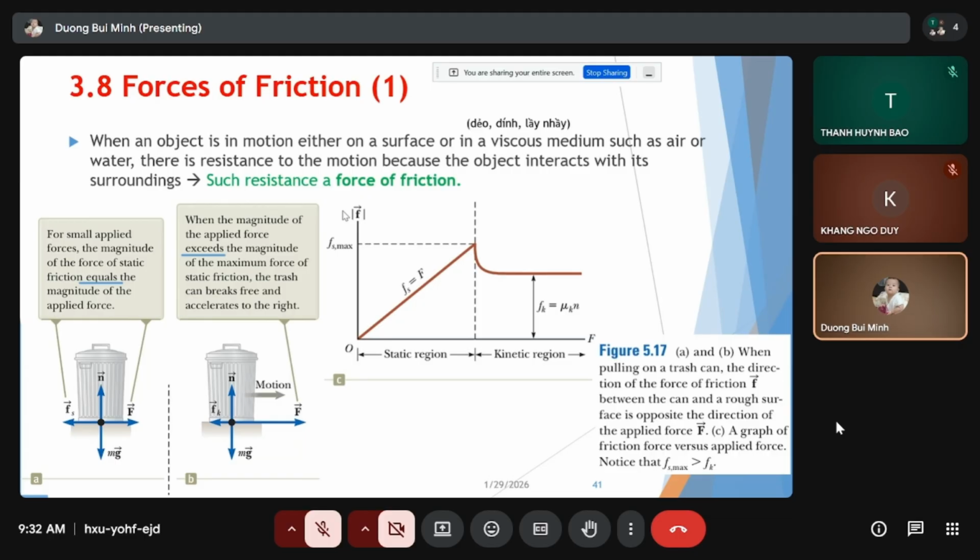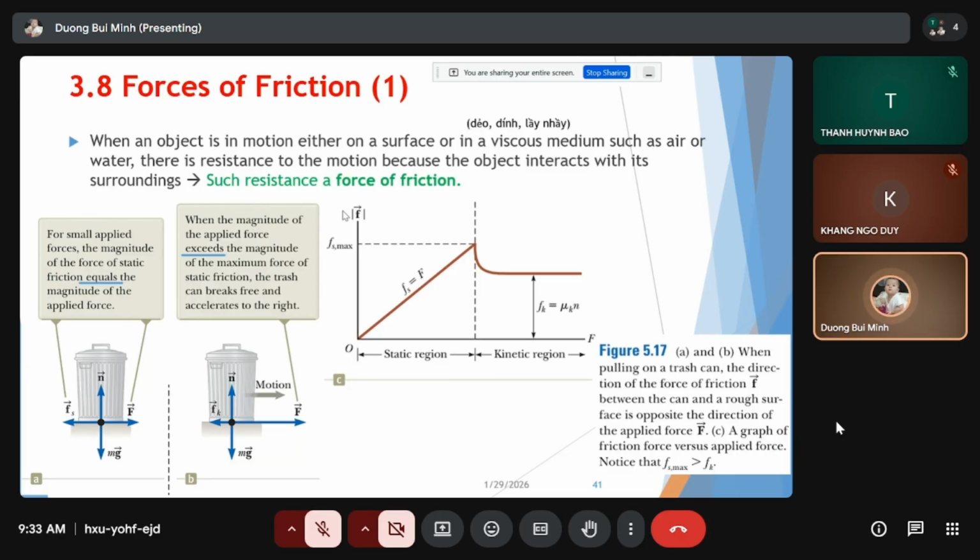We have F, the external force, and here we have Fs or Fk. This one is static, and this one is the kinetic friction force.